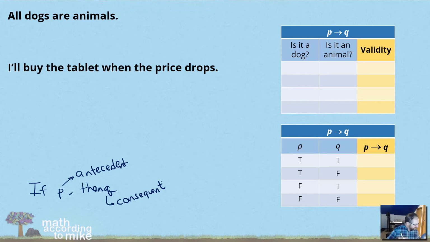Pause the video if you need to. Okay. So instead of all dogs are animals, you could say, if it is a dog, then it is an animal.